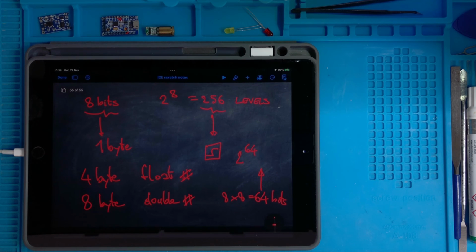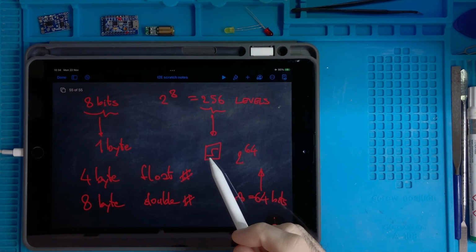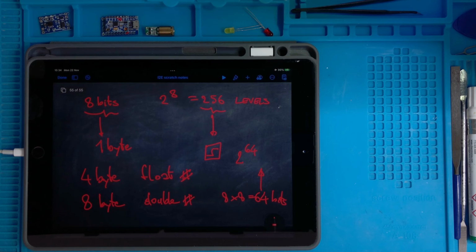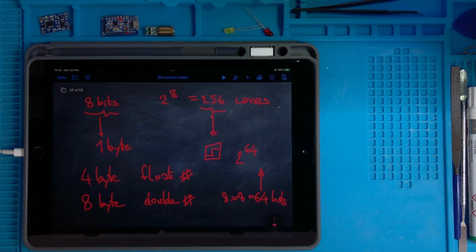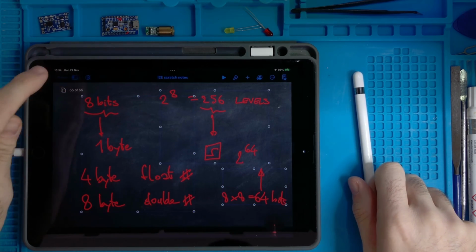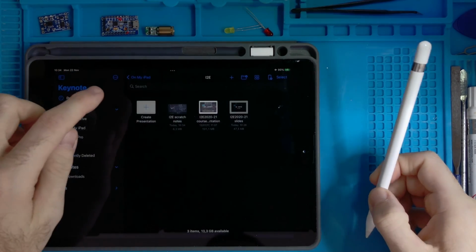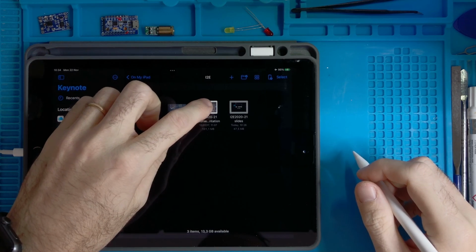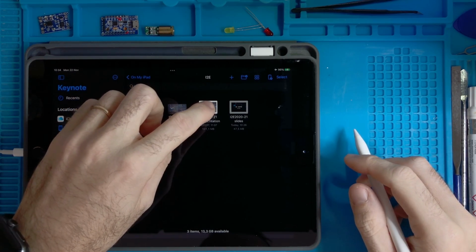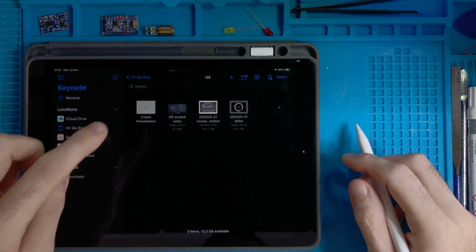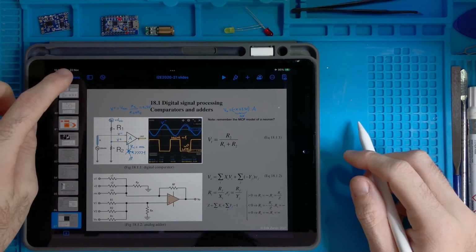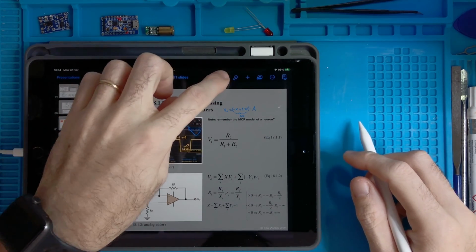So imagine how many comparators you need. So at a certain point, basically beyond 8 or 10 bits, this technology is not very viable. So sometimes we need to find other methods in order to convert signals from analog to digital.